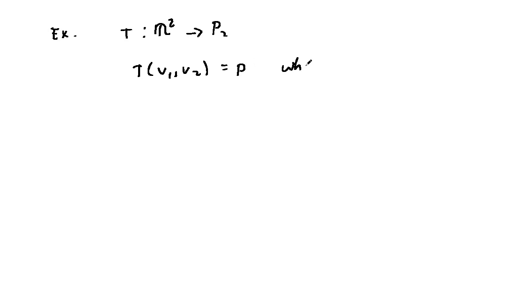Okay, let's do an example. Let T from R2 to P2 be defined by this, where P is equal to this polynomial, v1 plus v2x.